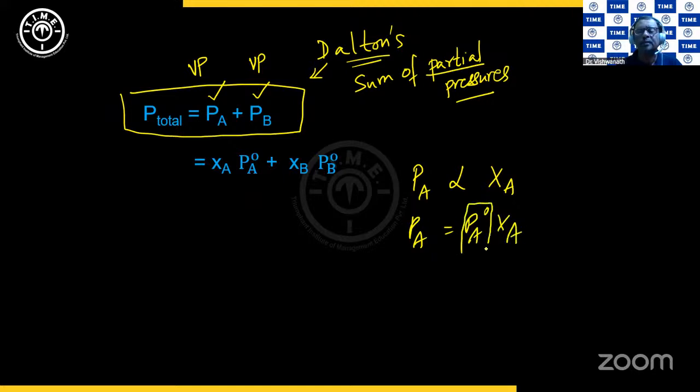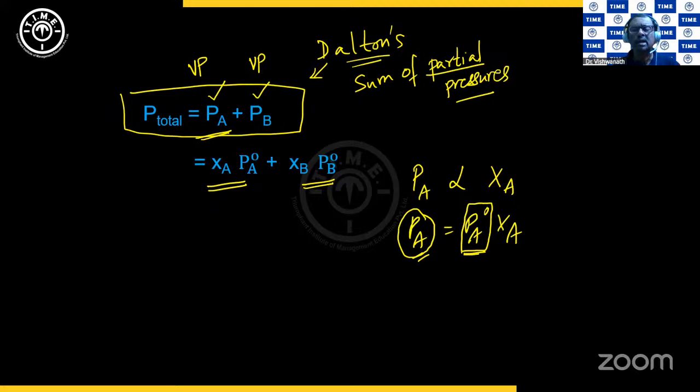PA naught is the vapor pressure of the liquid when the liquid is alone. What is PA? The vapor pressure where the liquid is in the presence of another liquid. So PA is the vapor pressure of the liquid in solution, and this is the vapor pressure of pure liquid A. That is what you have added up here. PA, we have taken as PA naught into XA. PB is PB naught into XB.